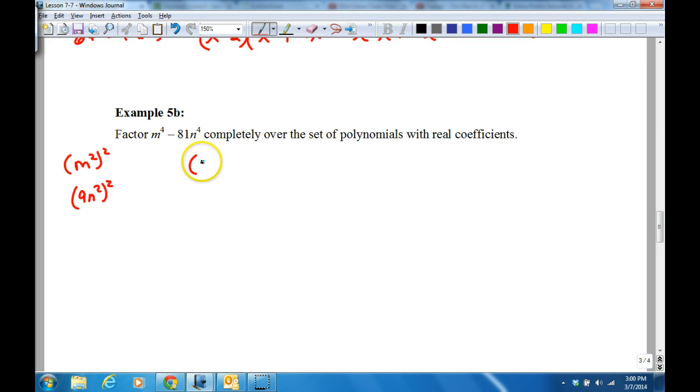So this will be m squared minus 9n squared. Okay, and then this is going to be m squared plus 9n squared.